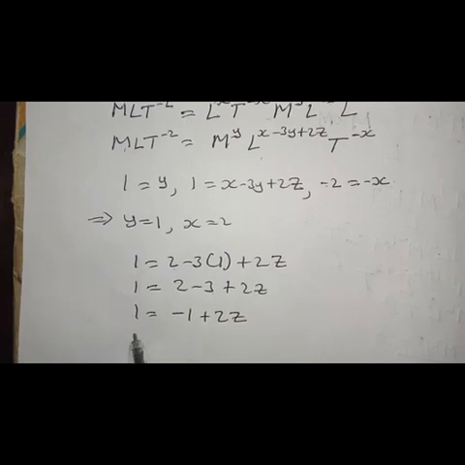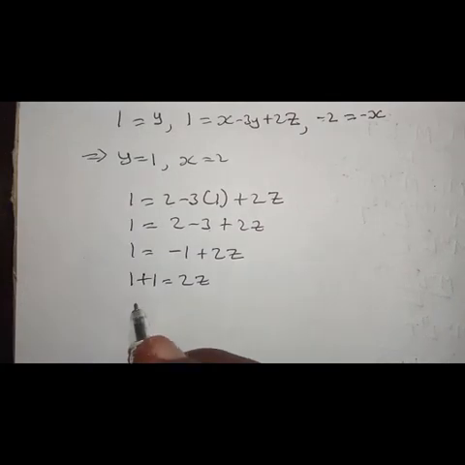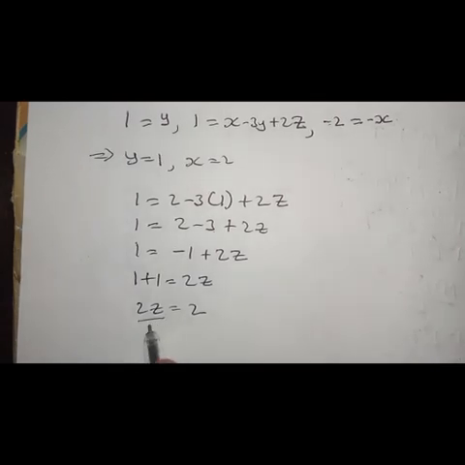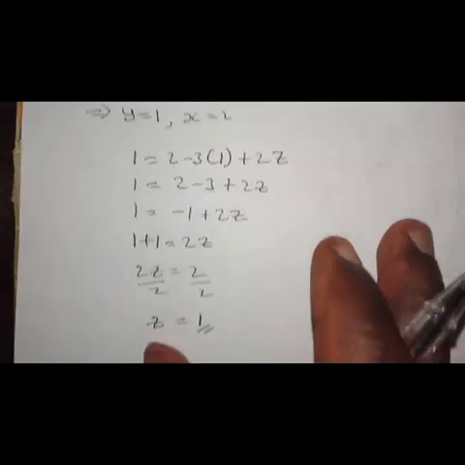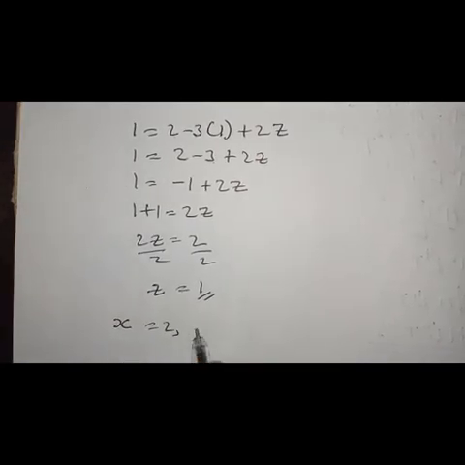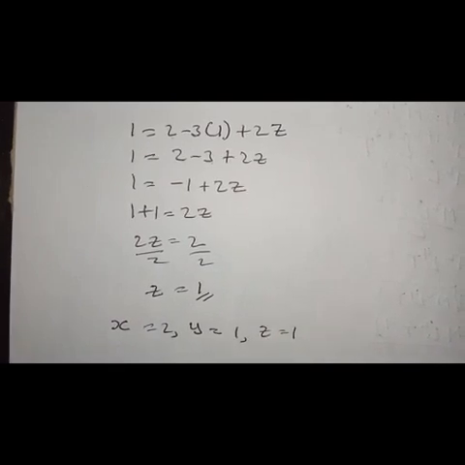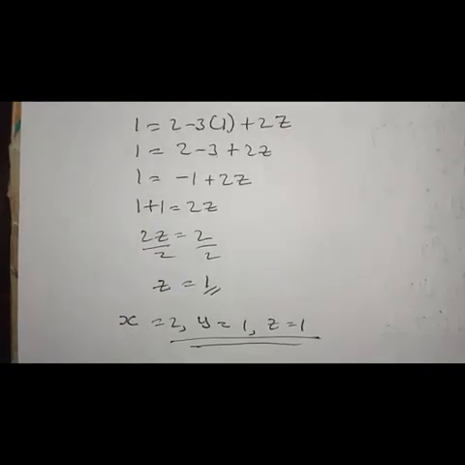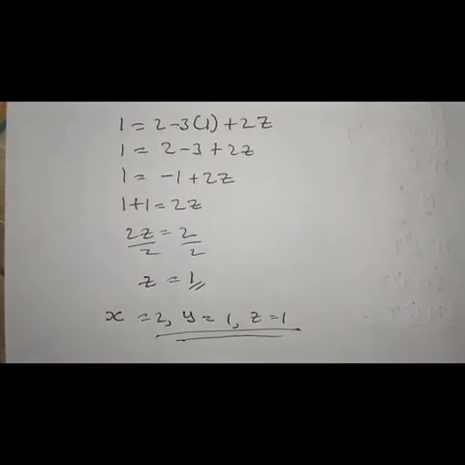This one will cross over to be 1 plus 1 is equal to 2z. That means that 2z is equal to 1 plus 1, which is 2. Divide both sides by 2 so that z is equal to 1. That means that our x is 2, y is 1, and z is 1 from our dimension. So that is what we are asked to solve for in this particular question. So that is how that works.